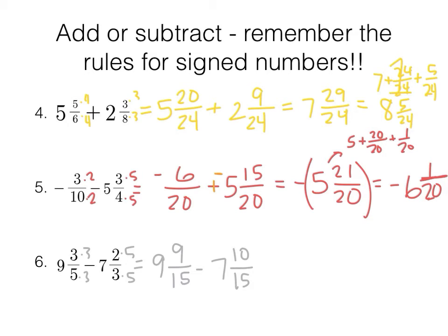So if I'm going to use improper fractions, that means I'm going to be using some significantly sized numbers here. So I need 9 times 15. So 9 times 15 comes out to be 135 plus 9, so 144 over 15.